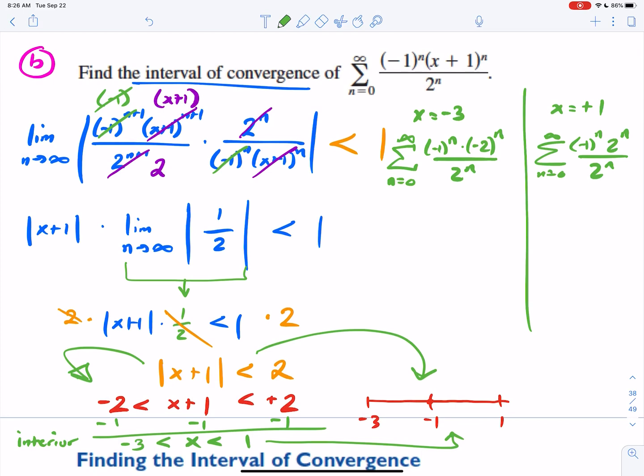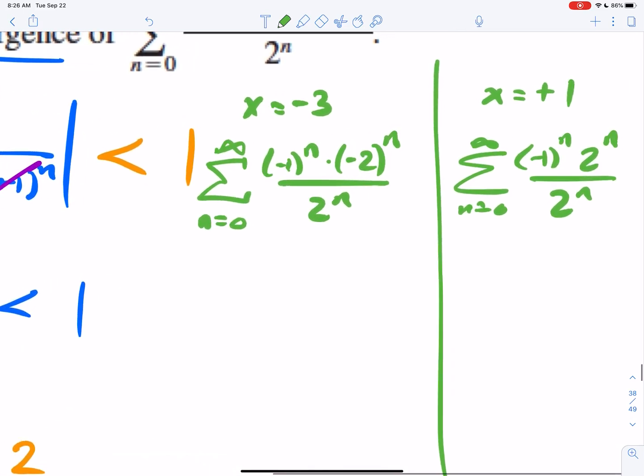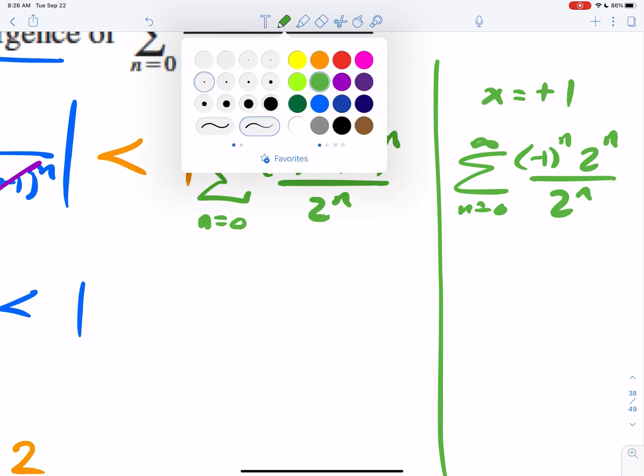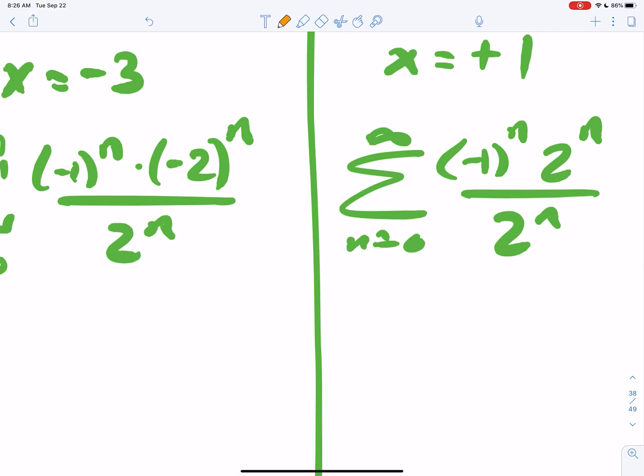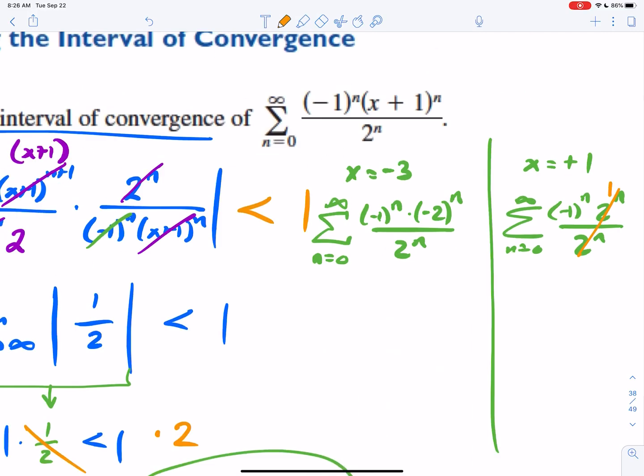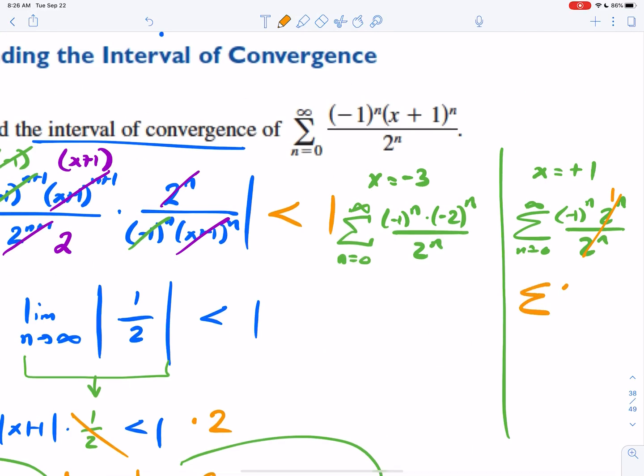So we'll take care of the easier one first. On the right side here, 2 to the n over 2 to the n is just a 1. Here we have -1 to the n times 1. I'll write it out so it's not confusing.